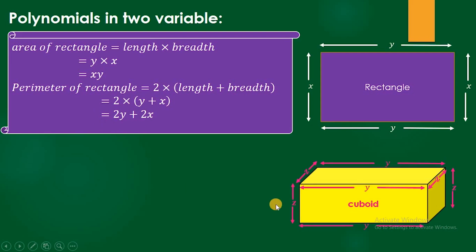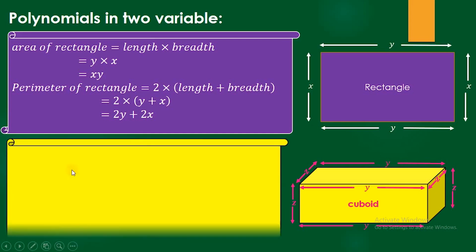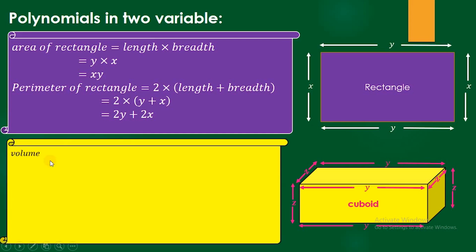Now let's take another example. This is a cuboid in which length is y unit and the breadth and the height are the same, that is z unit and z unit. So now we'll find the volume of the cuboid.